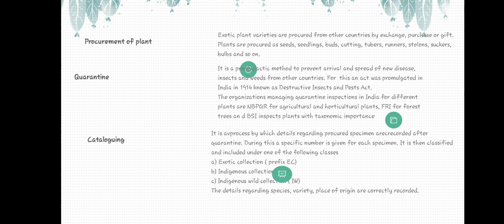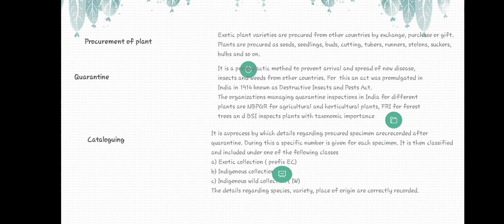These institutions have quarantine officers at seaports and international airports. Their main function is to ensure that the plant material is free from diseases, pathogens, pests, insects, or any weeds.